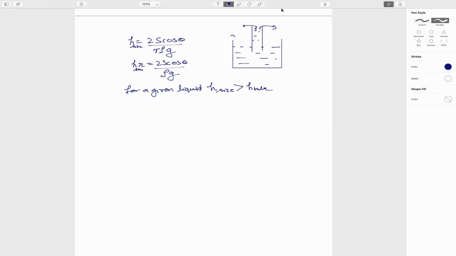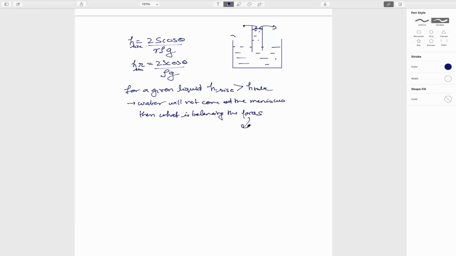So the first thing is that water will not come out of the meniscus. But then what will happen? What is balancing the forces?